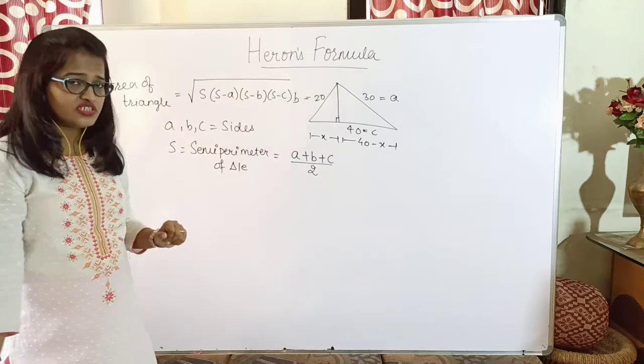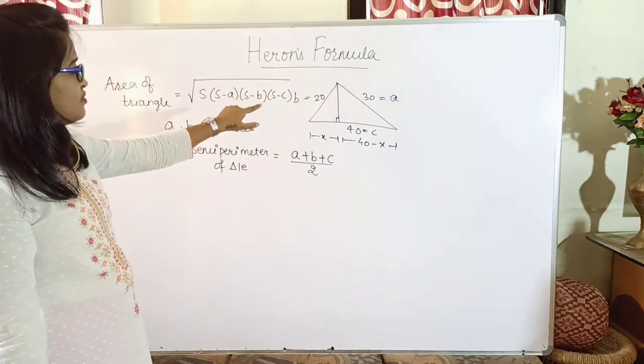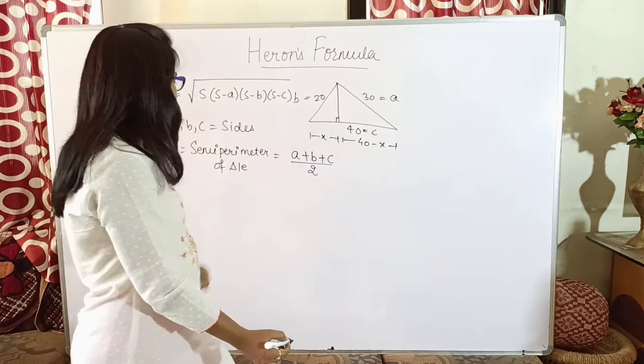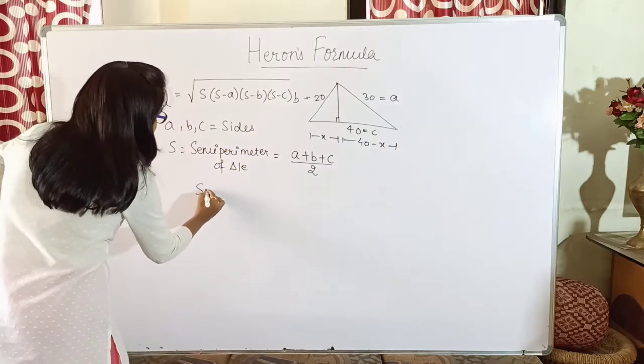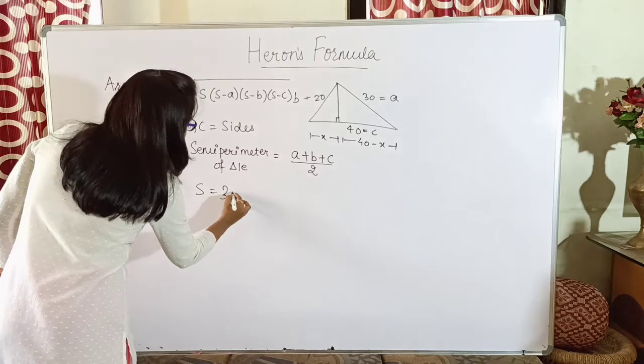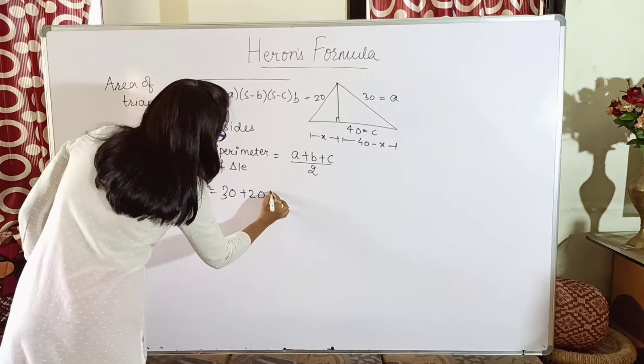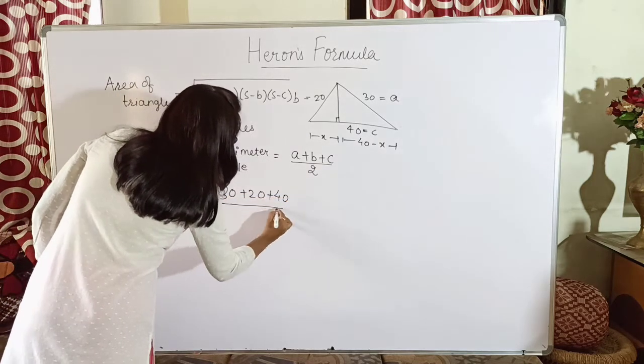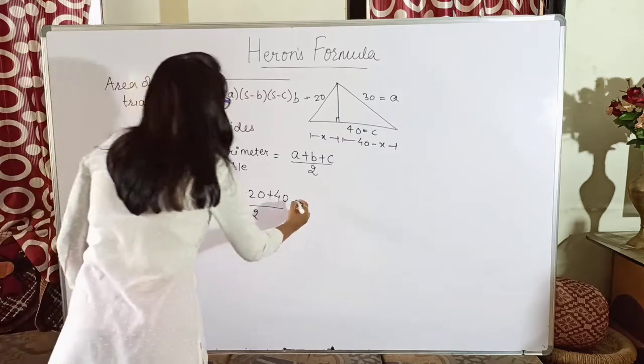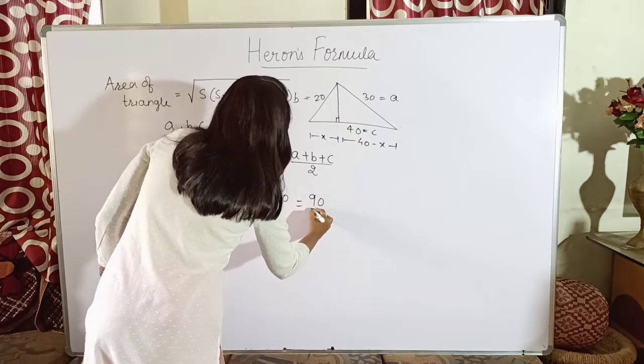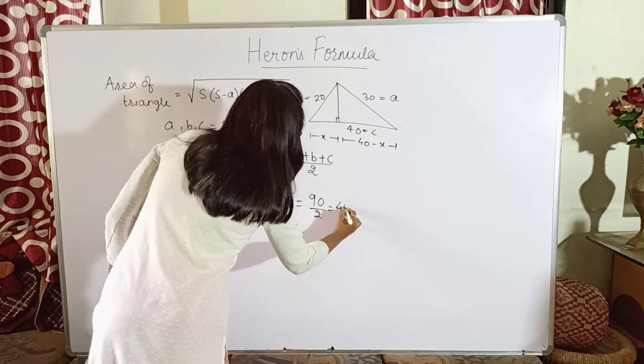Let us find the area for the same triangle wherein A is 30, B is 20 and C is 40. So what will be the semi-perimeter? It will be 30 plus 20 plus 40, whole divided by 2, which gives me 90 by 2, which is nothing but 45.